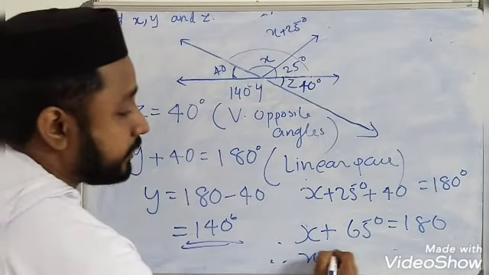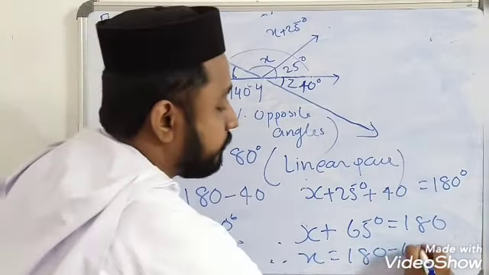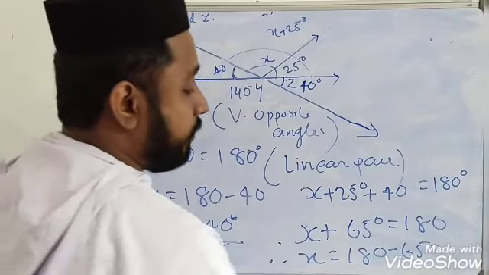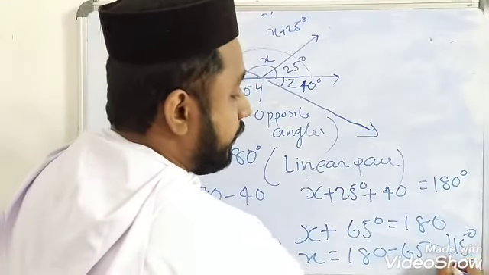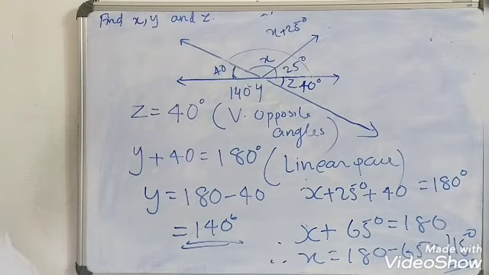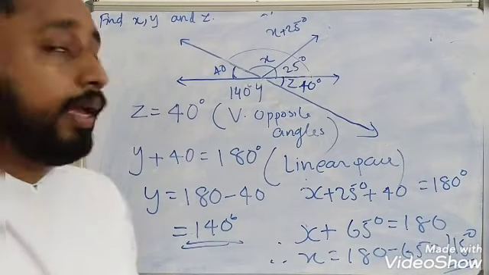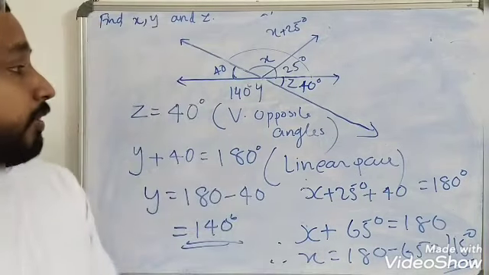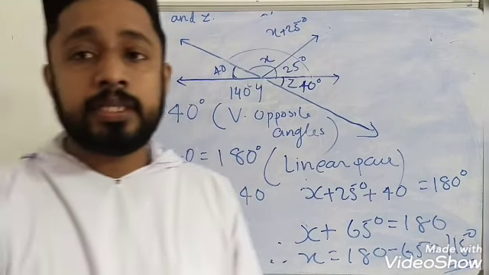Therefore x is equal to 180 minus 65, which is 115 degrees. So you get x, y and z by the concept of opposite angles and linear pairs.